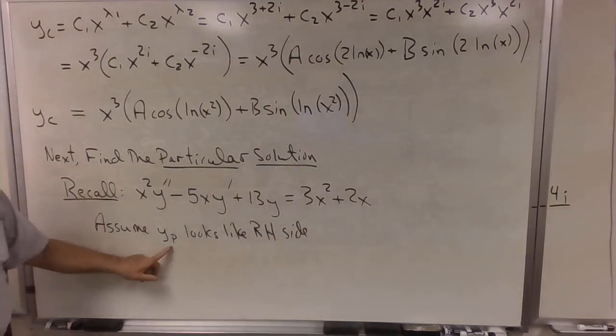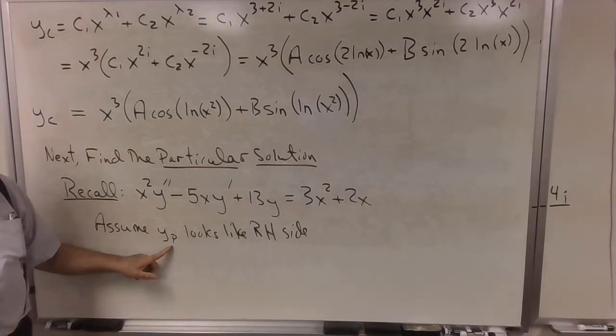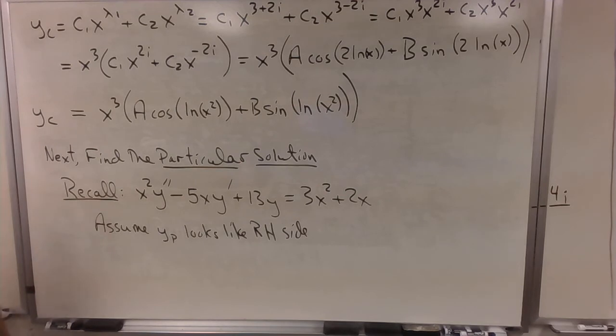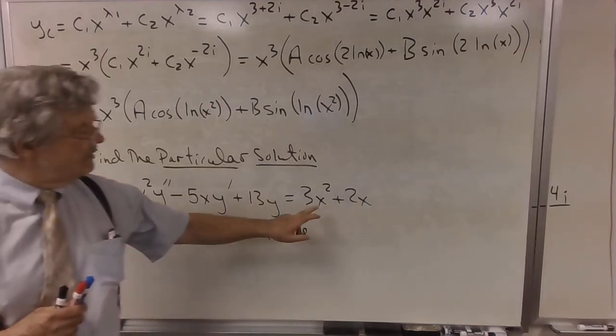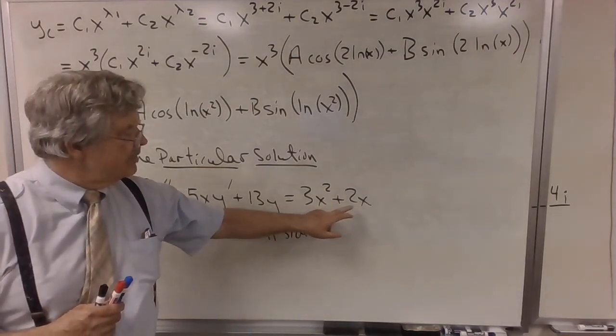We're going to assume that our particular solution looks like the right-hand side in this sense. The particular solution is going to have as powers of x exactly those powers of x that appear on the right.